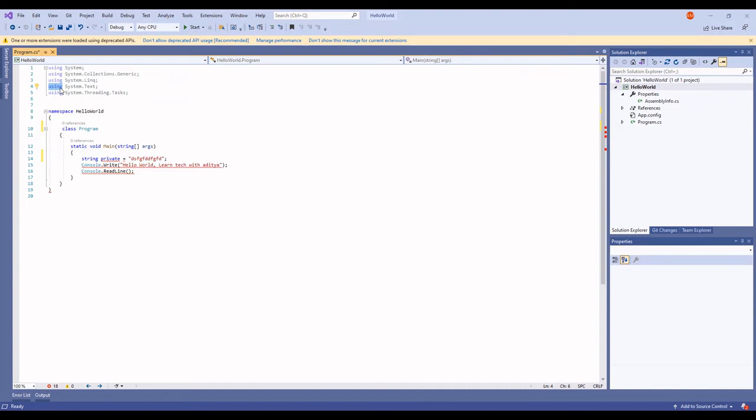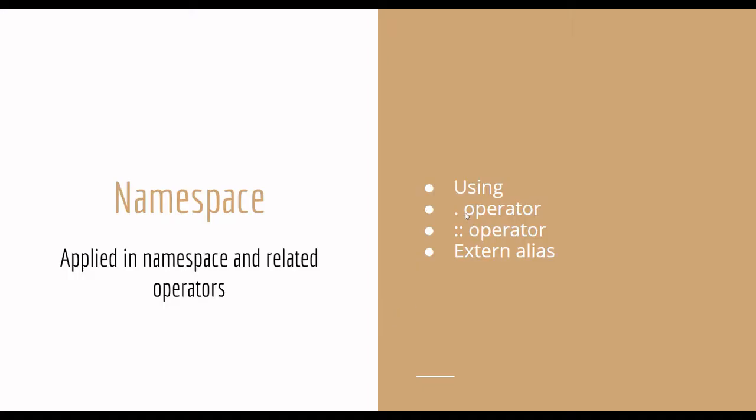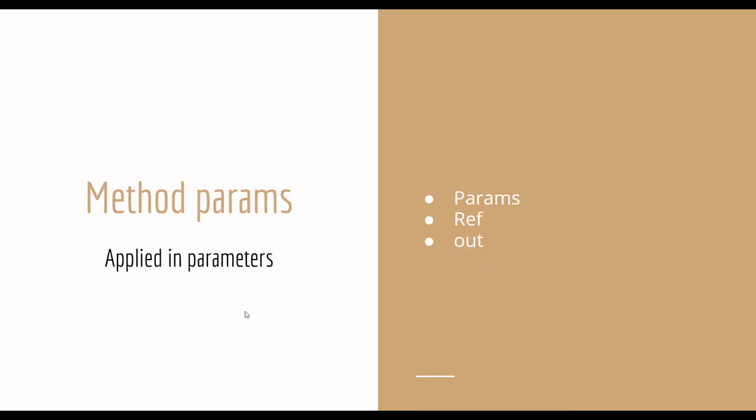For example, in the program you can see the using keyword reserved for the namespace, to include this library, System.Text. Then you see the dot. The dot is also reserved here as an operator for the namespace, and you cannot use the dot as a variable name or anything else. All these things belong to the namespace, and you cannot use these keywords as a variable either.